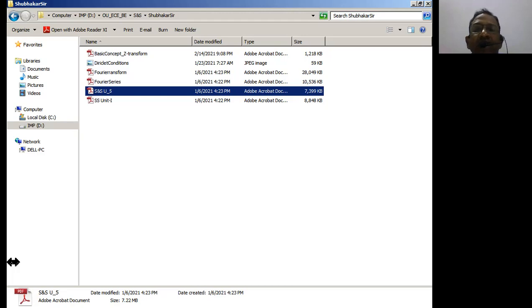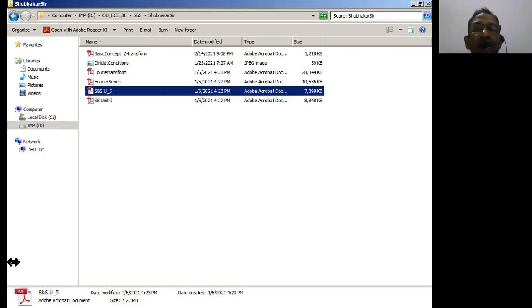That means rearranging the equations so that I get into the general form of the z transform. So z inverse into 1 by 1 minus z inverse whole square; the minus 2 power comes to the denominator. X of z is therefore z inverse by 1 minus z inverse whole square.